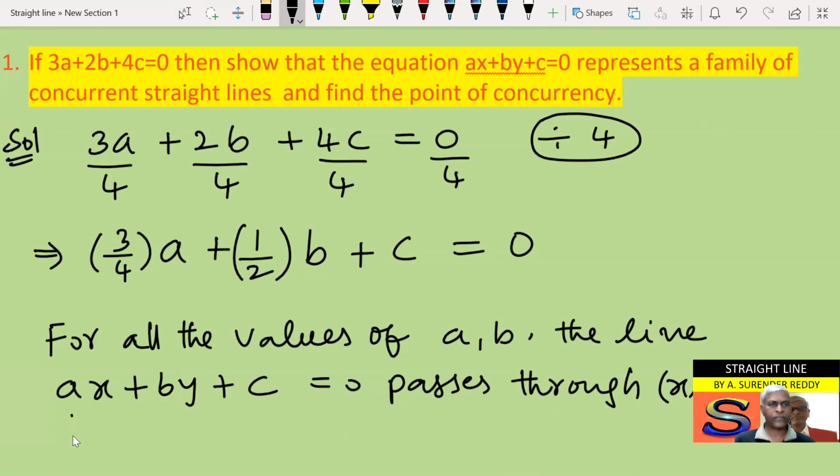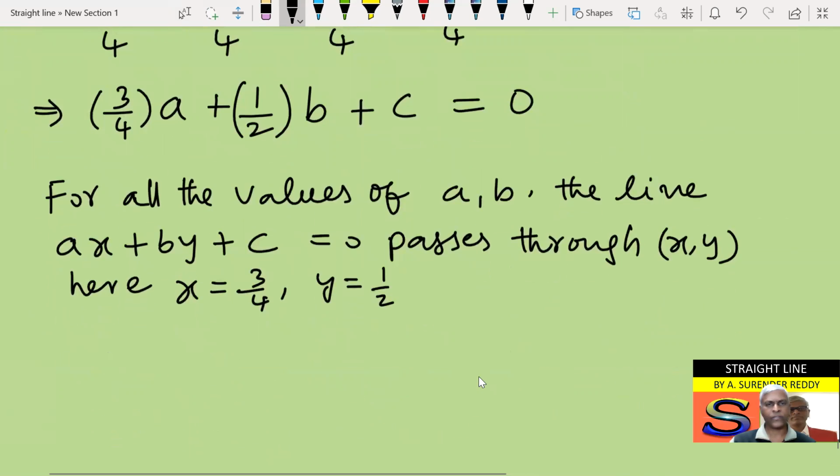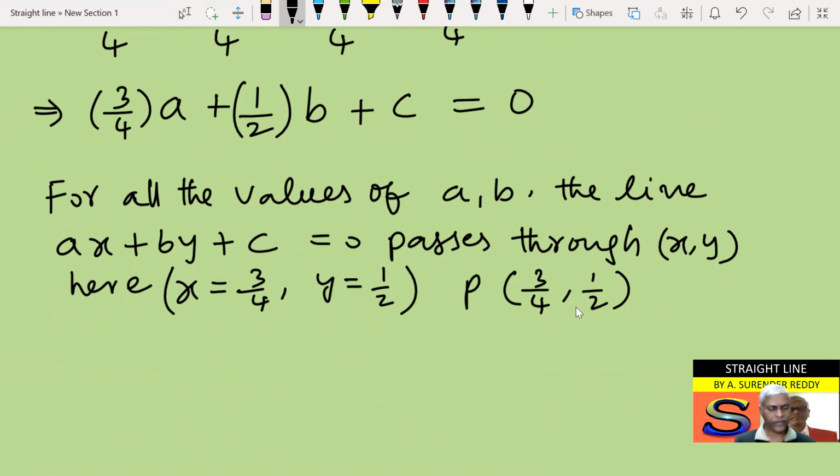So here it is also the x value 3 by 4 and y value 1 by 2. Therefore, this equation passes through a point 3 by 4, comma 1 by 2.